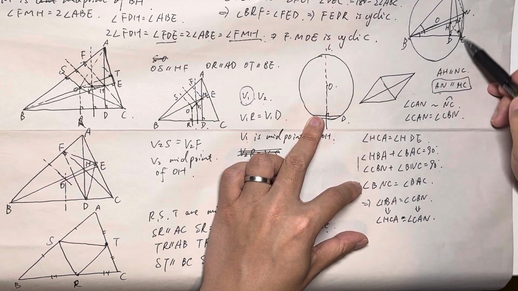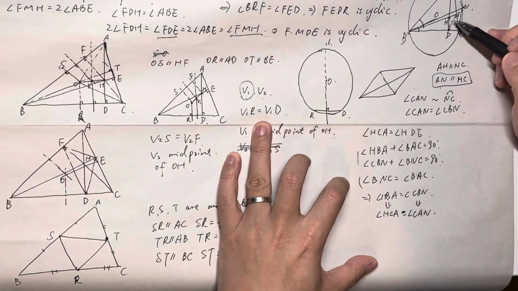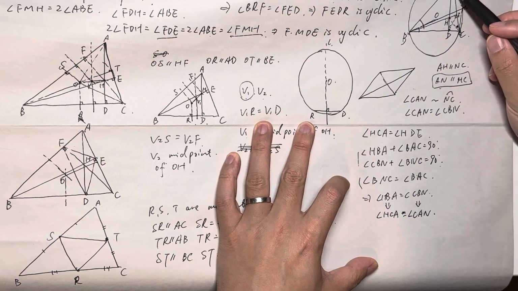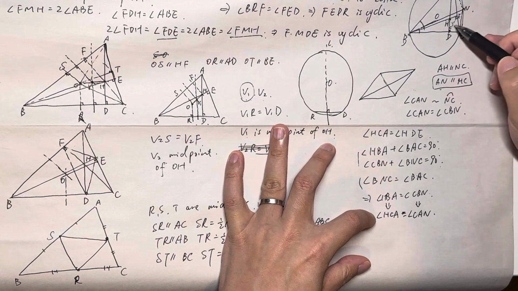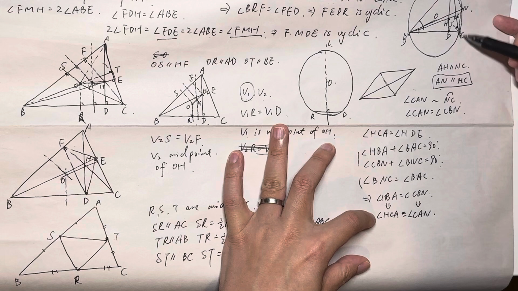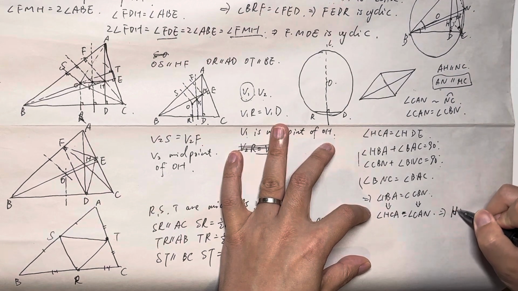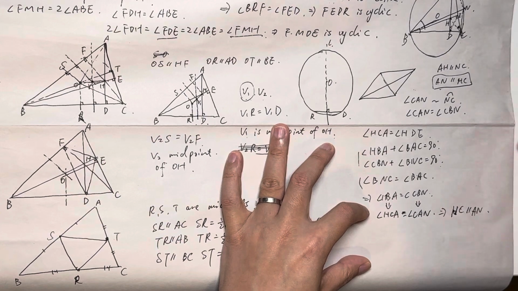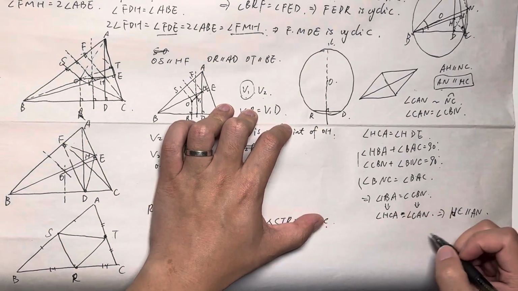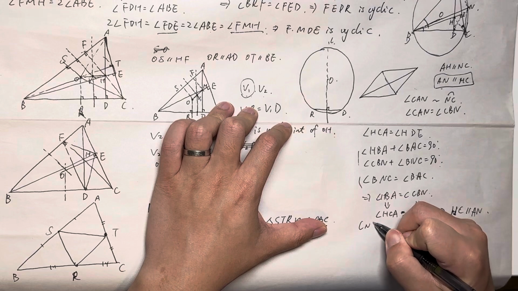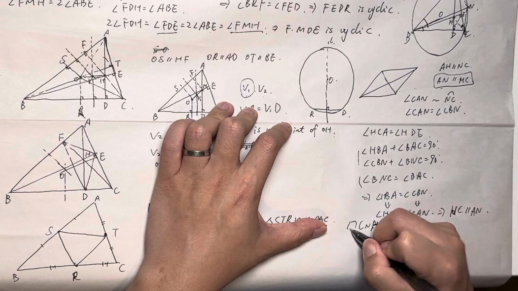And because angle BNC equals angle BAC, then we get that HBA equals angle CBN, which means angle HCA equals angle CAN, which means HC is parallel with AN, right? And from here we know that CNAH is a parallelogram, right?